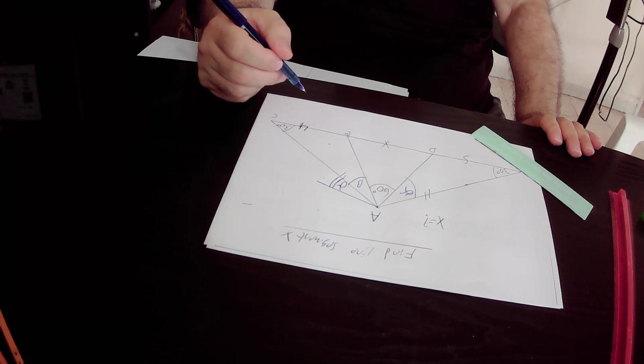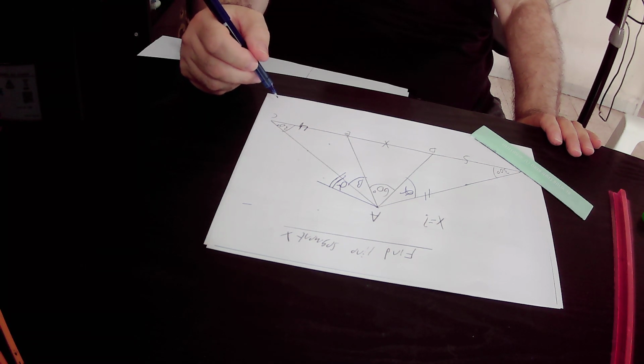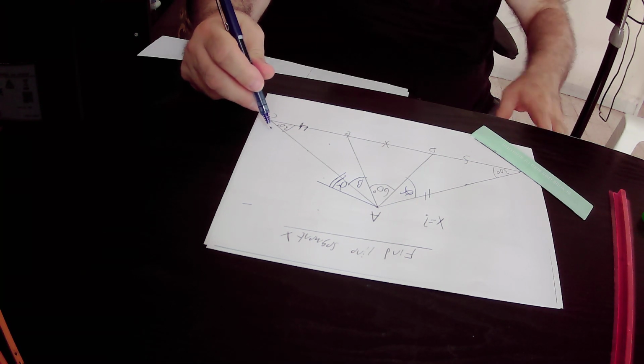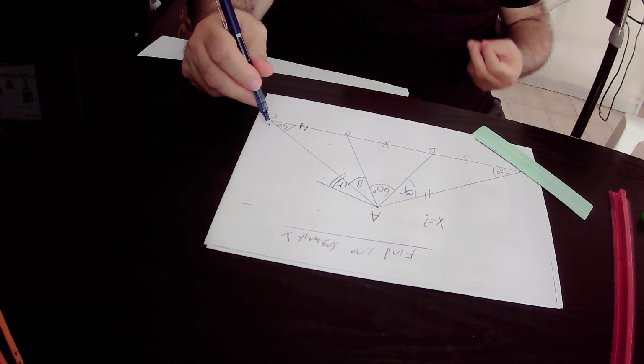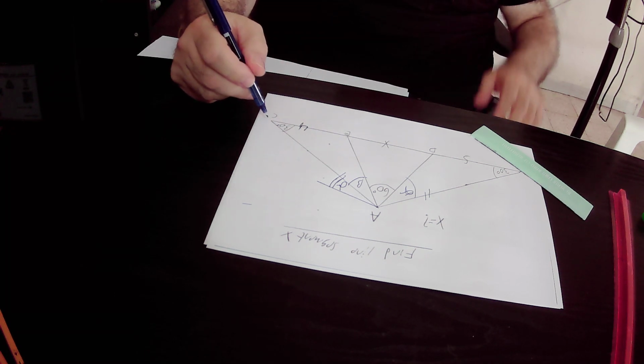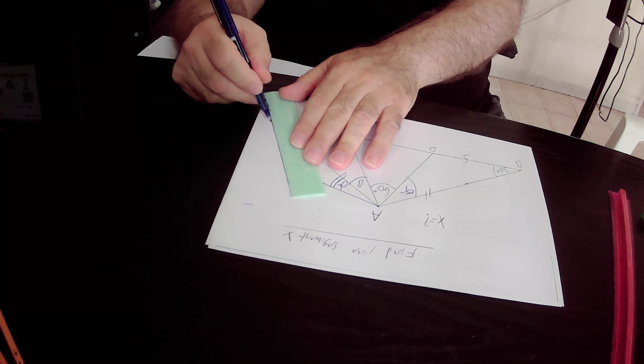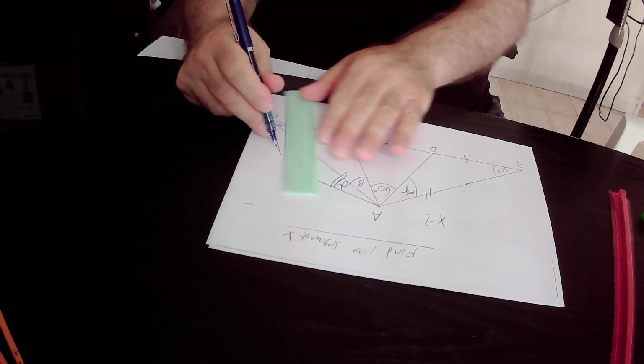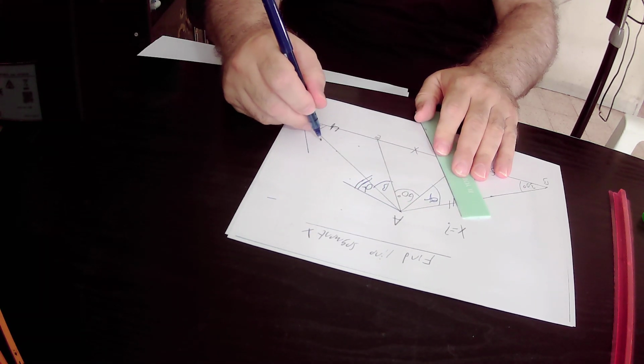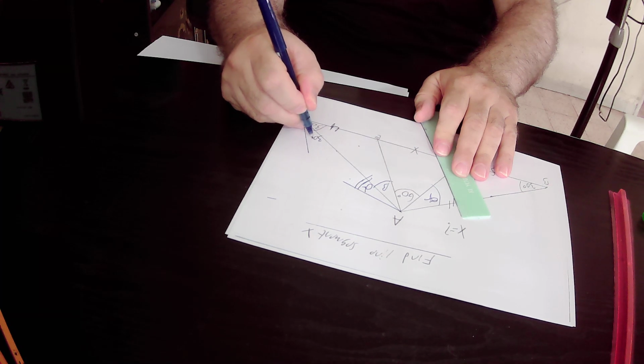And we will do also a second construction. From point C, we will draw a straight line in such a way that the angle between the straight line and side AC will be equal to 30 degrees. So this angle equals 30 degrees according to our construction.